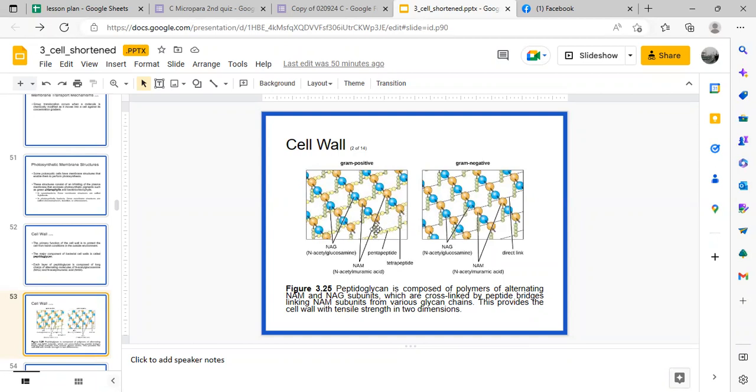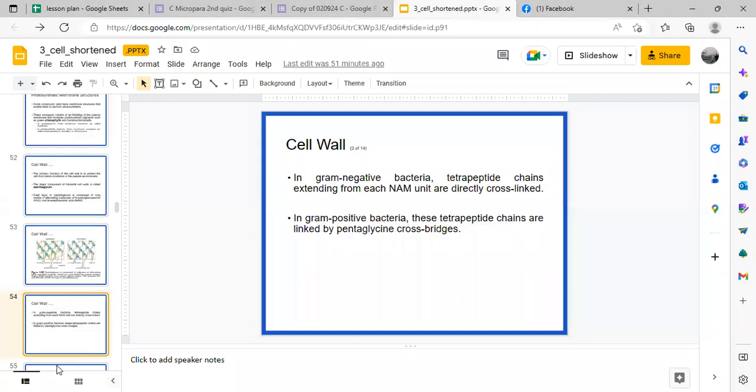Okay? Whereas in gram-negative, the cross-linking is straight. Okay? So that is the difference between the peptidoglycan of gram-positive and gram-negative.